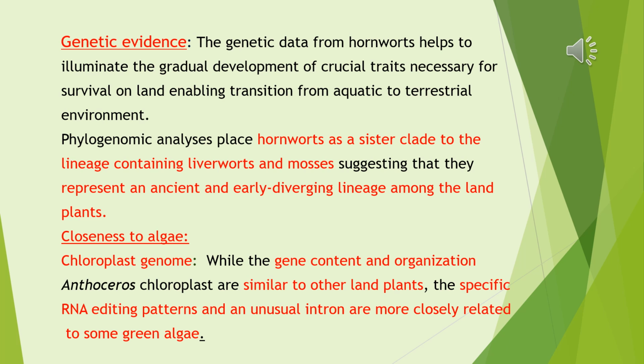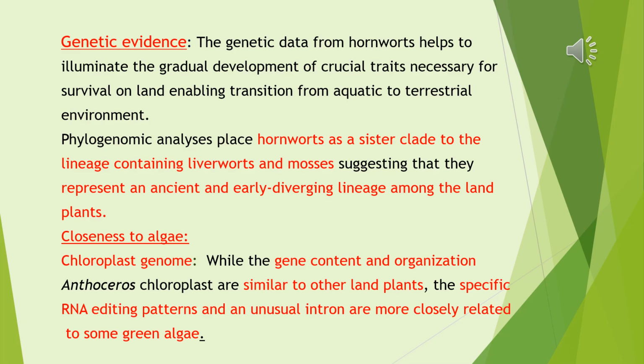Now we come to the next point, that is the closeness to algae. We have already discussed the closeness to algae, that is, about pyrenoids, chloroplasts and so on. Now something about the genes. Chloroplast genome: while the gene content and organization of the Anthoceros chloroplast is similar to land plants, the specific RNA editing patterns and an unusual intron are more closely related to some green algae.